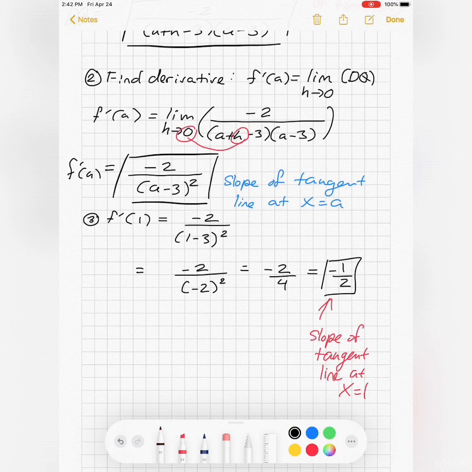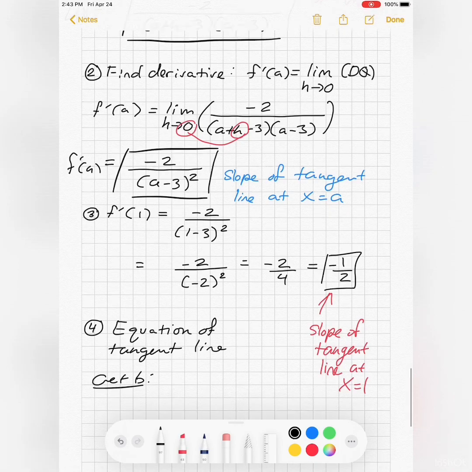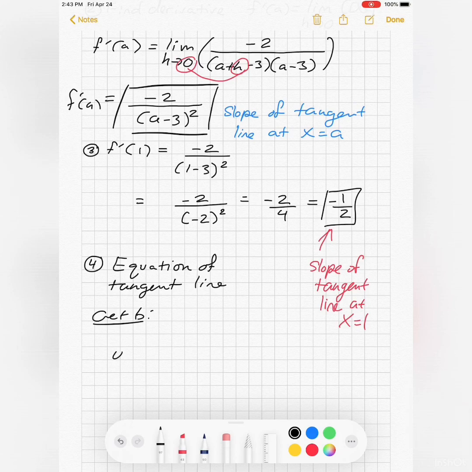So now all that's left to do is step 4, which is actually write the equation of the tangent line. To do that, remember I have to get the b. Because I already know my y equals mx plus b, all I need to do is figure out that b value. And so I have to, again, plug in the point.